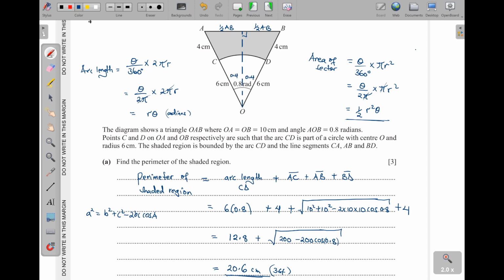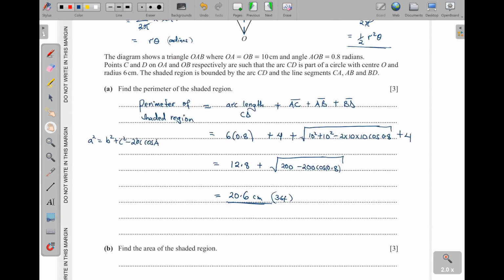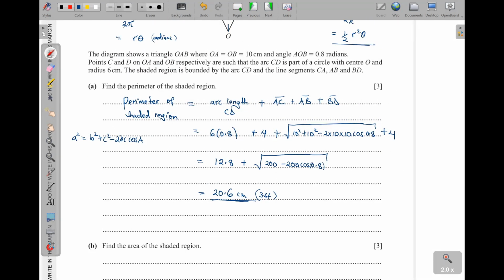Then we can say that, so I'm trying to write something here. Let me in fact rub off this. There are many ways to do this one here. So this is an alternative approach.